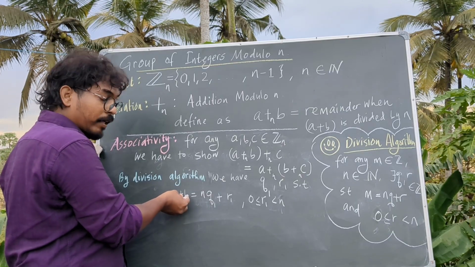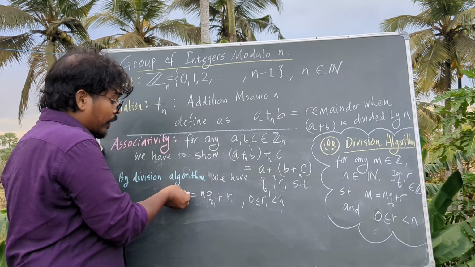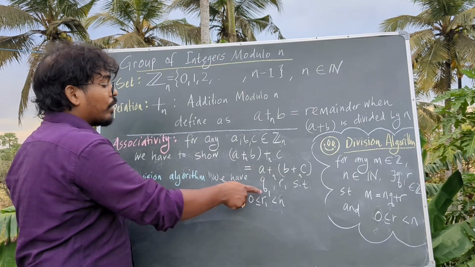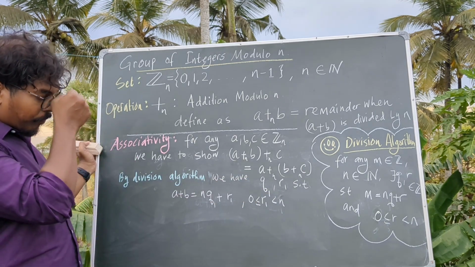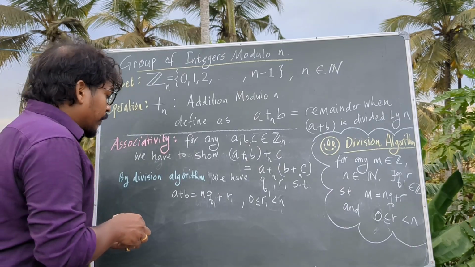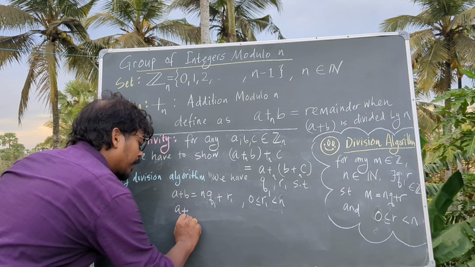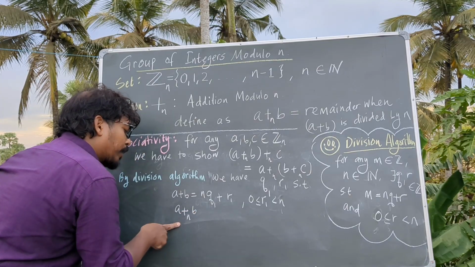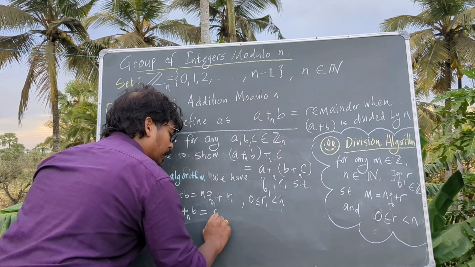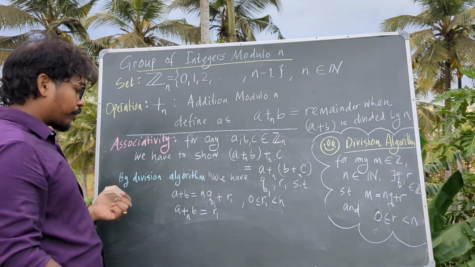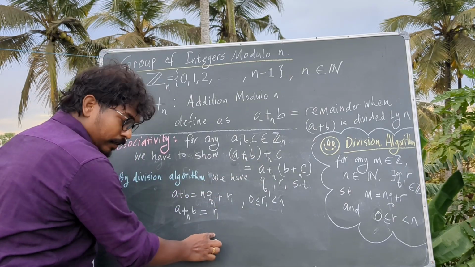The result is also an integer, and by division algorithm we have q1, r1 which states this. So what is a and b operated with addition modulo n? This is r1, the remainder.